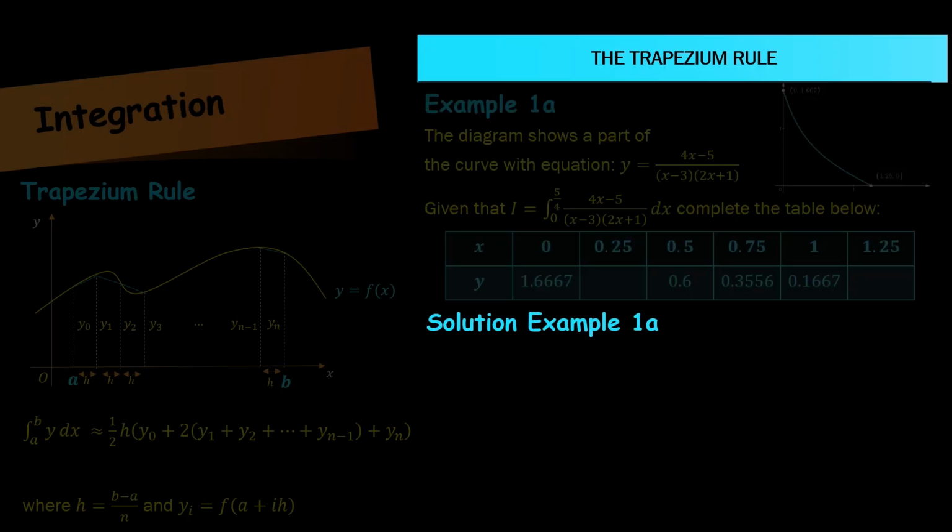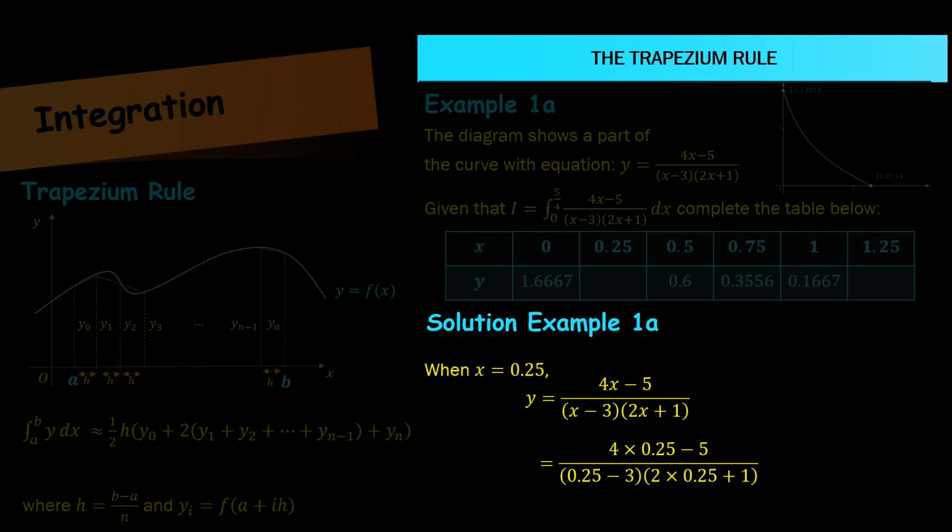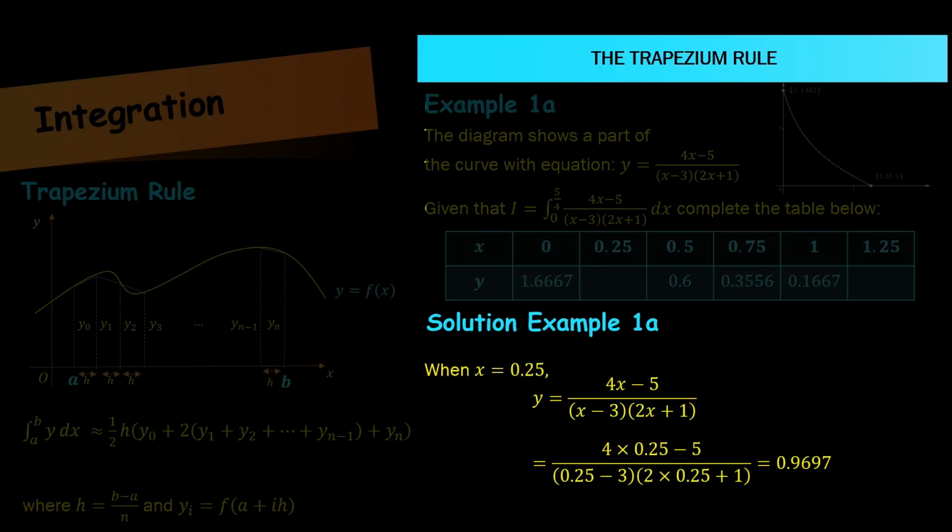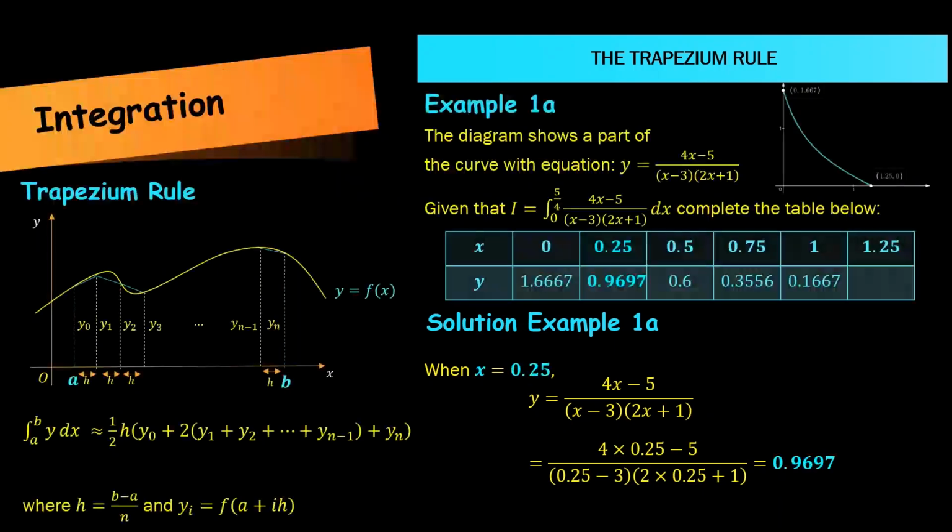So let's solve this. When x equals 0.25, y equals this expression. And plugging in x equals 0.25, as shown, gives us the value 0.9697. And so we can enter this value into our table.